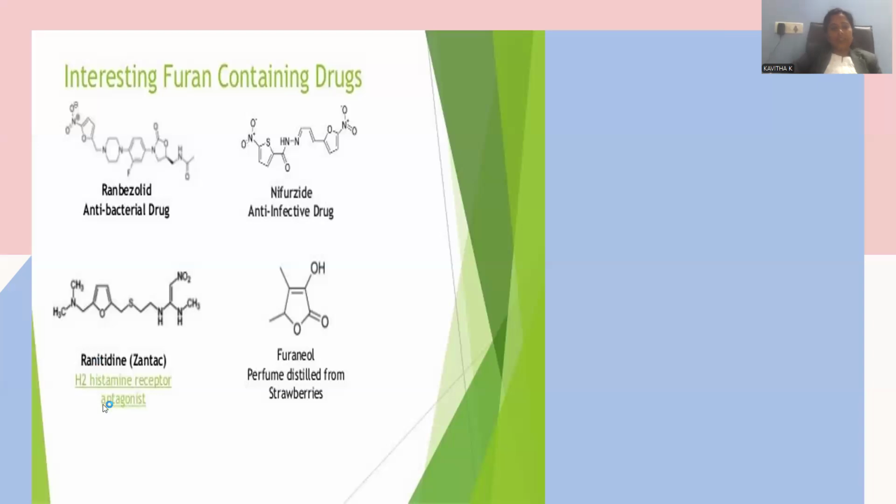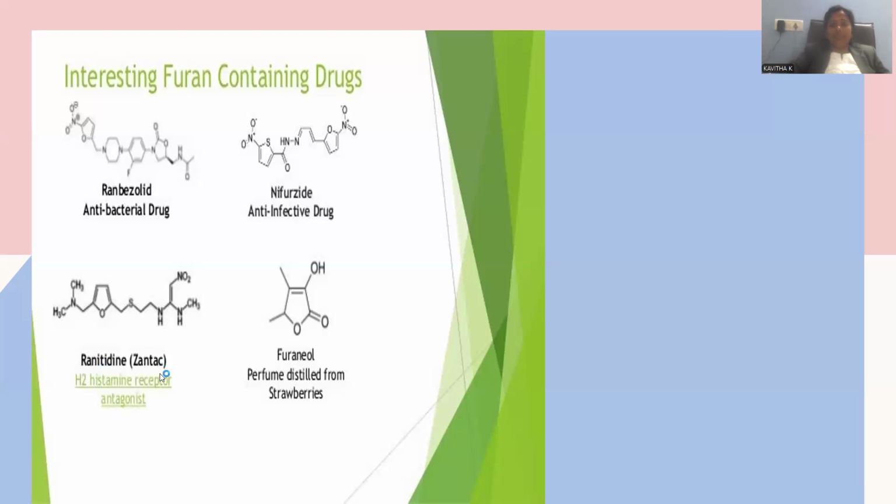Another important one, which everybody is aware of, is ranitidine. Ranitidine is commercially available under the trade name Zantac, and it is important as an H2 histamine receptor antagonist. Ranitidine is used to cure ulcers; gastric ulcers can be prevented by means of ranitidine.